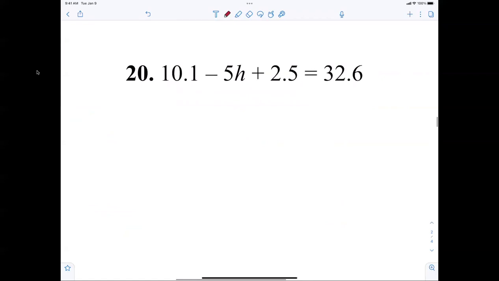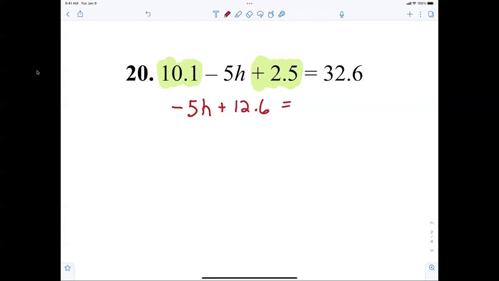So you do -12.6. Whoa, you're just one step ahead of me. What did I have to do first? Oh, you have to add. Yeah, combine terms. Don't forget to combine first. So he is absolutely correct. So I need everybody to put -5h plus 12.6. That's perfect.